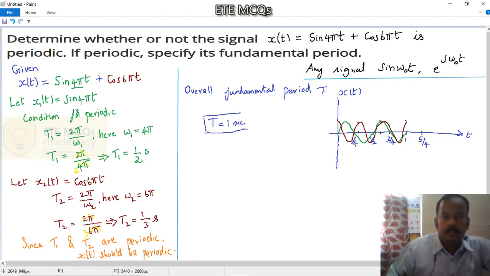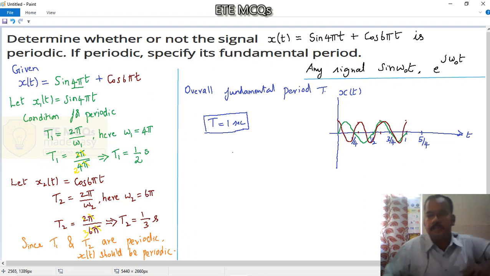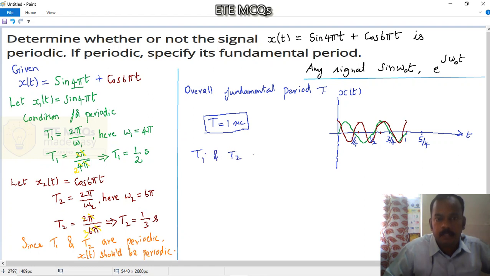Now the important point is, since the fundamental period is less than 1, it is easy for us to trace it. You need to find a common fundamental period. Whereas there is another condition, when t1 and t2 both are greater than 1.